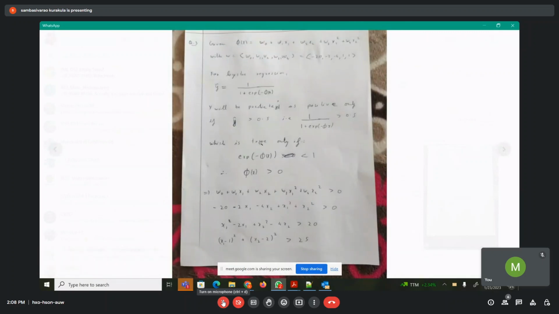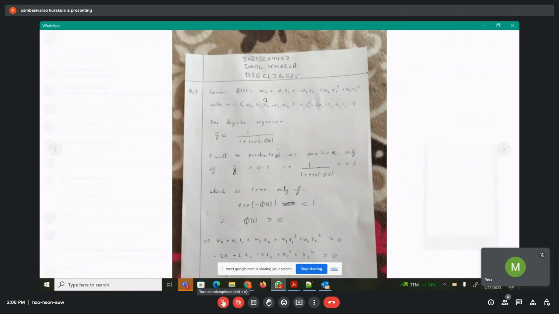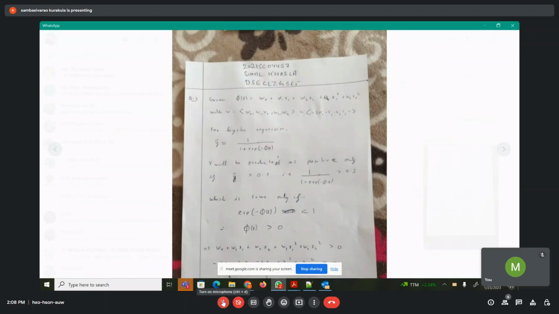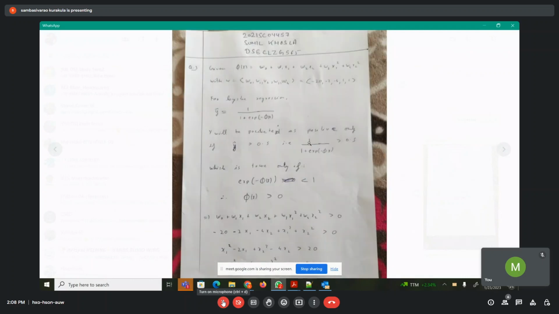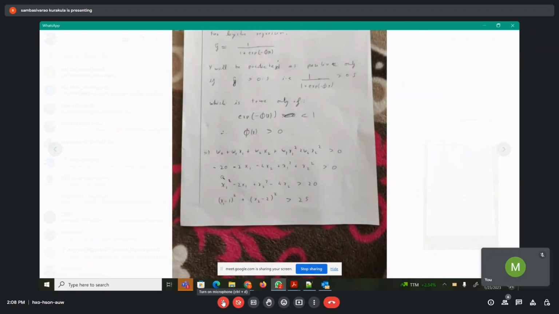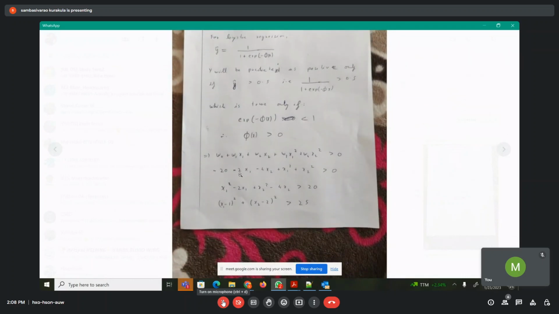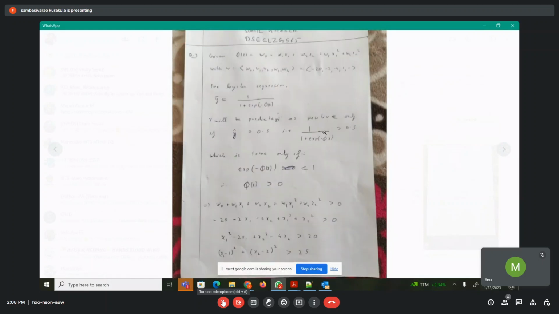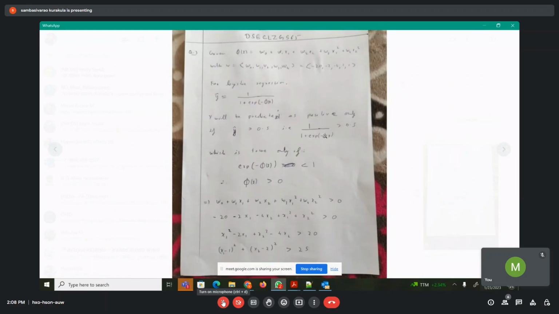Now, to solve this question, w0, w1 x1, w2 x2, they have given this equation, right? We just substitute this in the equation. So if you see minus 20, 2x1, 4x2, it is just a simple substitution of those weights. For it to be classified as yes, we know definitely it has to be greater than 0.5, right?